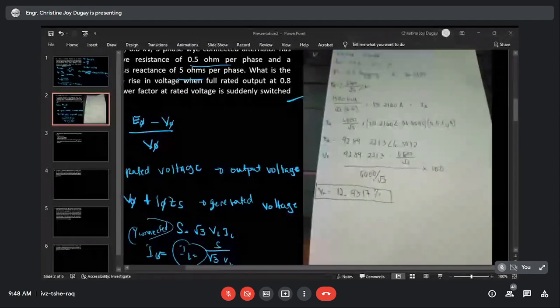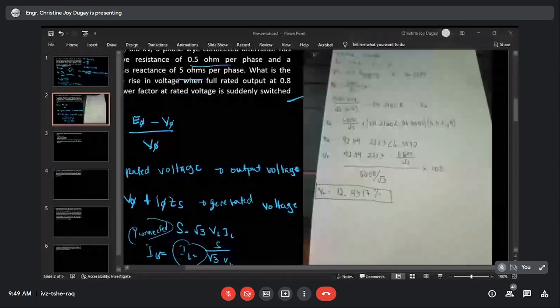Yes. And then, if you're going to solve for the value of EA, or that is the per phase voltage, you're just going to have the per phase output voltage or the rated voltage po natin plus yung current multiplied by the impedance. And then you may find the value of the per phase voltage po natin, which is 4,284.2213 angle of 6. Get magnitude and then i-minus nyo lang siya kay per phase na output natin, divide kay per phase times 100.